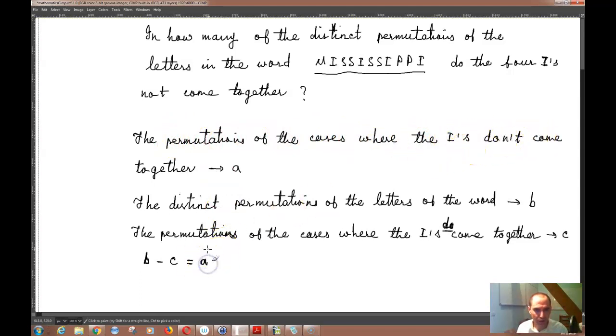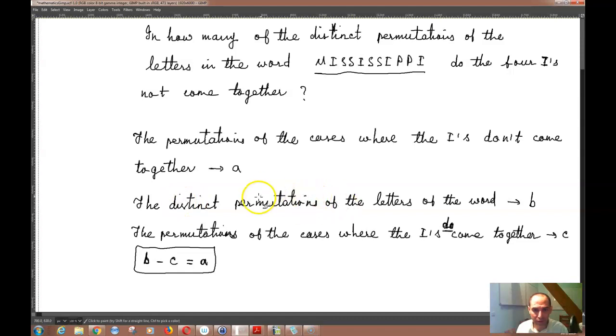So now I can use this equation in order to calculate what I'm looking for. I need to calculate these two, and then using these two I can find this one.